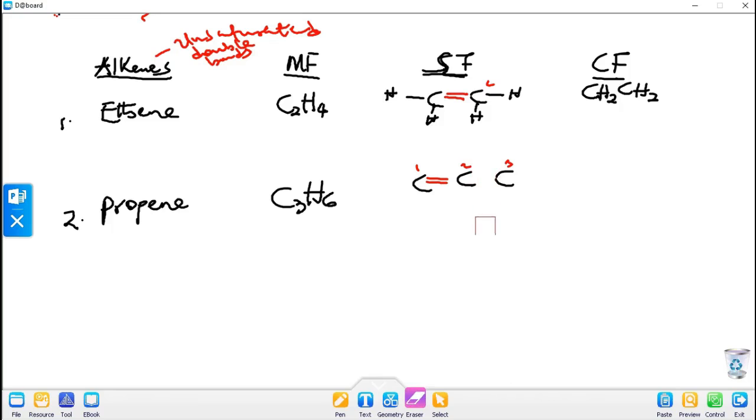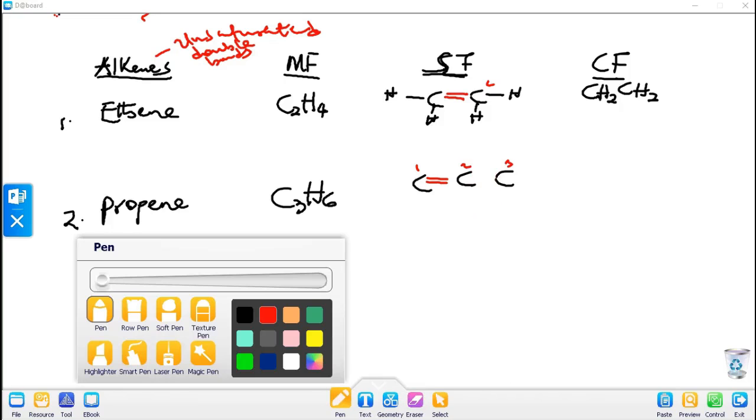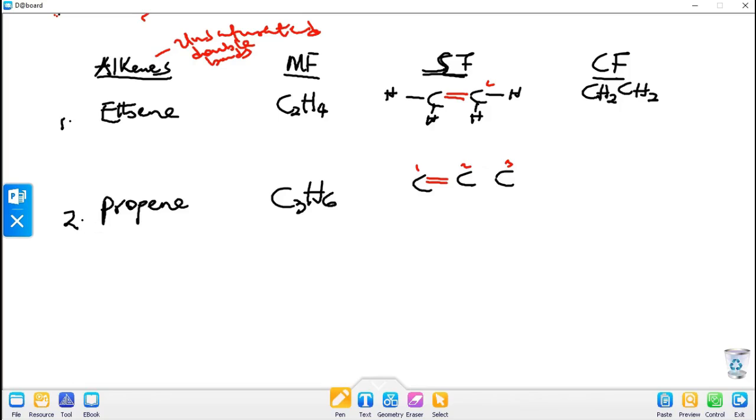For now, we will come to a point where we will have compounds with 2 or more double bonds or triple bonds. So having seen that, how do we distribute 6 hydrogen atoms among these 3 carbon atoms?